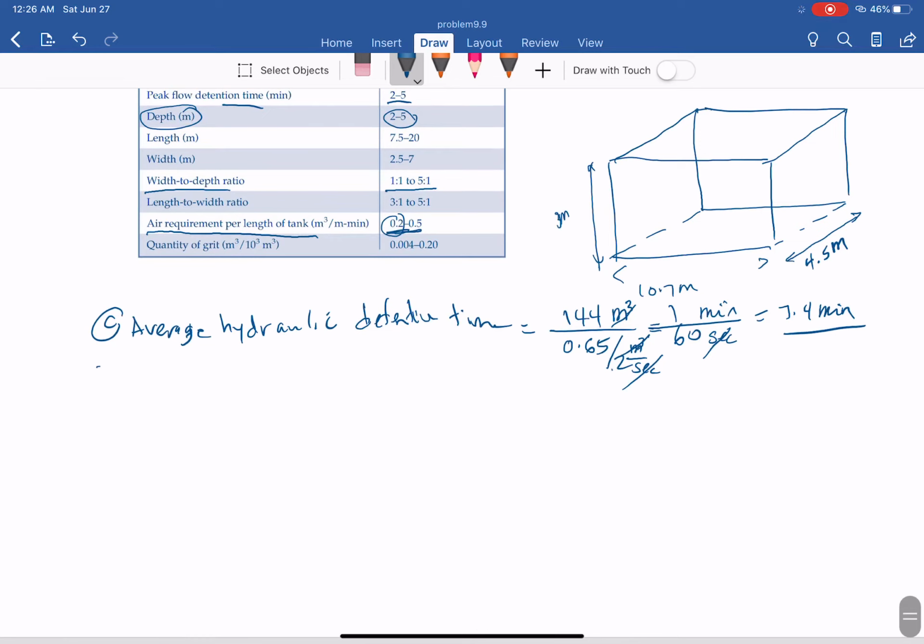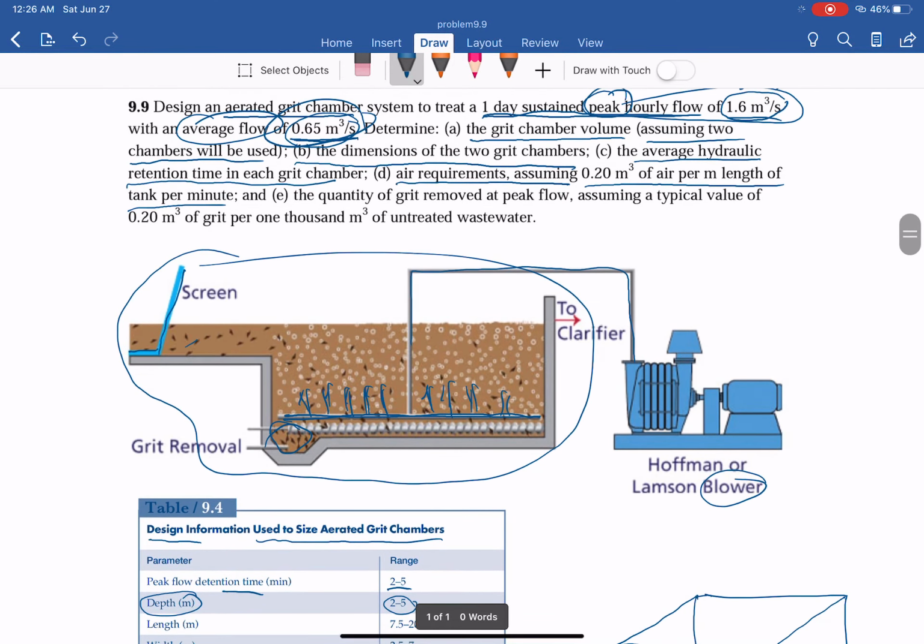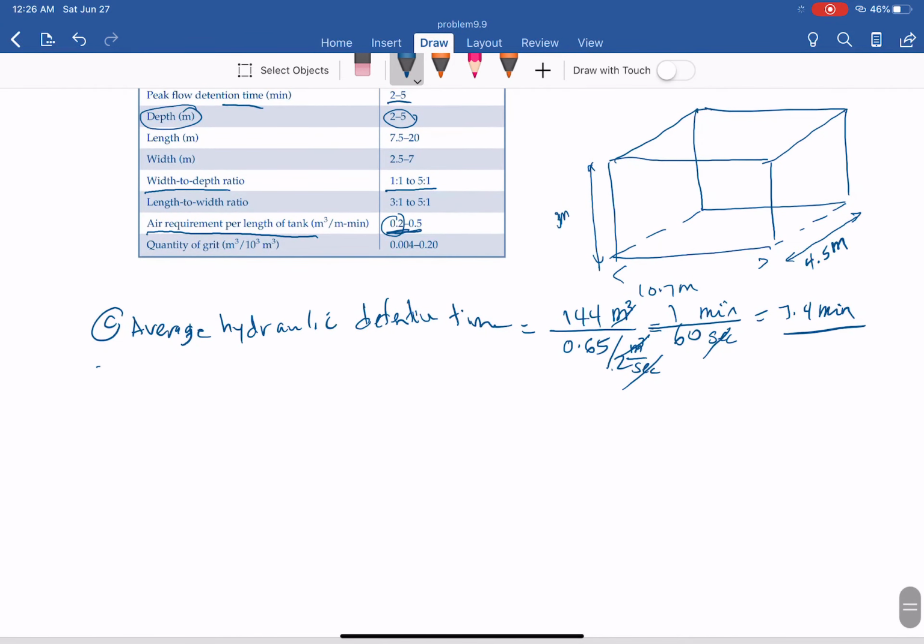So assuming, taking the 0.2, now we are solving D: 0.2 meter cubic per meter per minute of air.